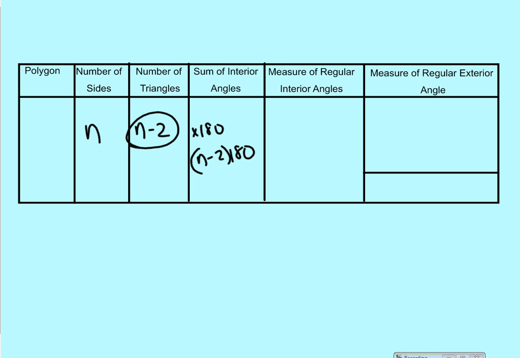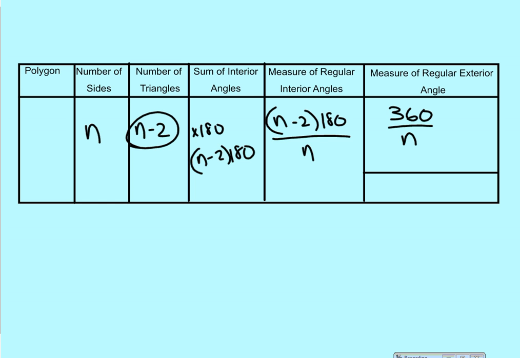The measure of each regular interior angle is n minus 2 times 180 divided by my number of angles, which is also my number of sides. For the regular exterior angles, I've got n exterior angles, but the sum of the exterior angles is always going to be 360.